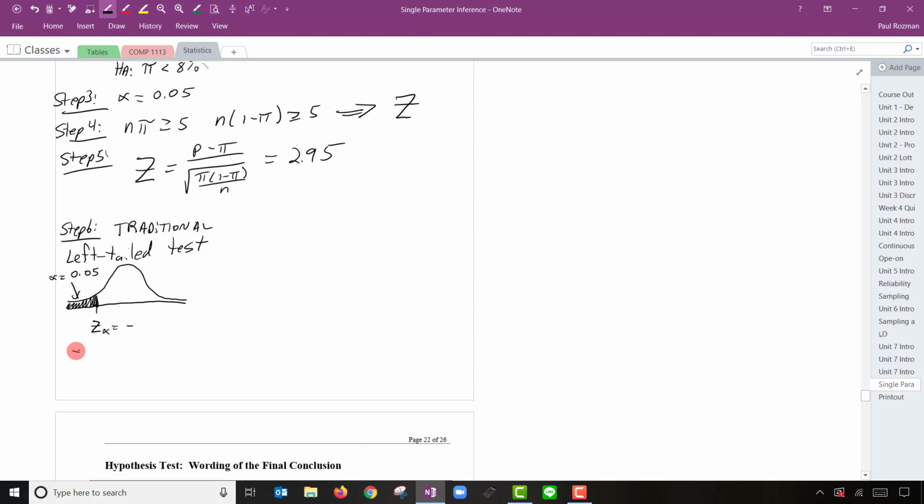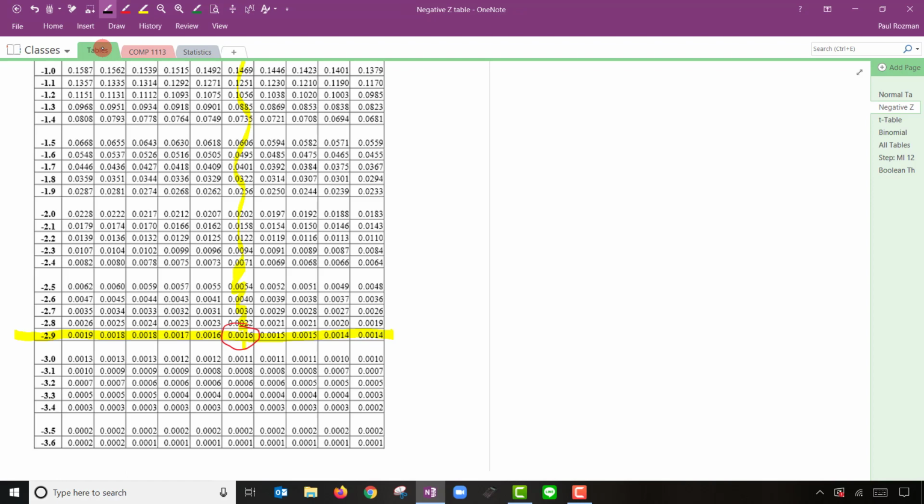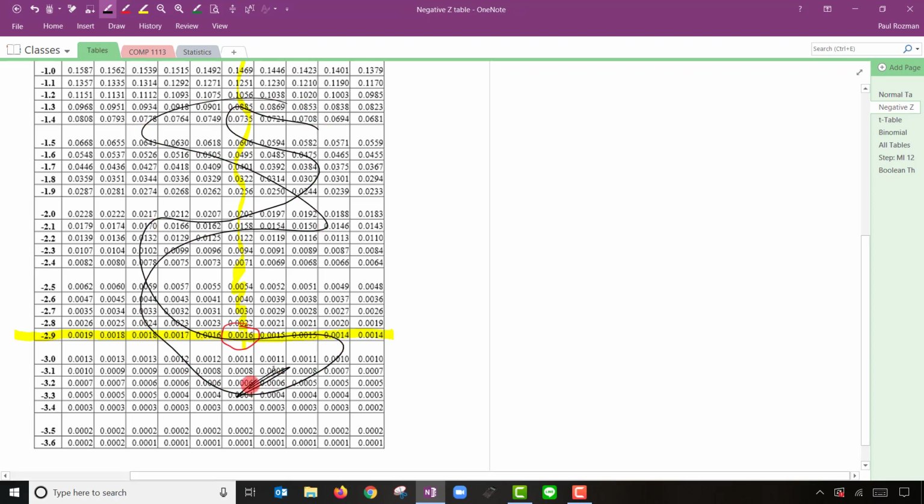If you're an Excel person, I guess you'd do norm.s.inv. Remember, S means standard normal, so Z score. I almost wish it were norm.z.inv. And then you just put your percentage. If you're a table person, you go back to your Z table and you start searching around inside the table for 5%.